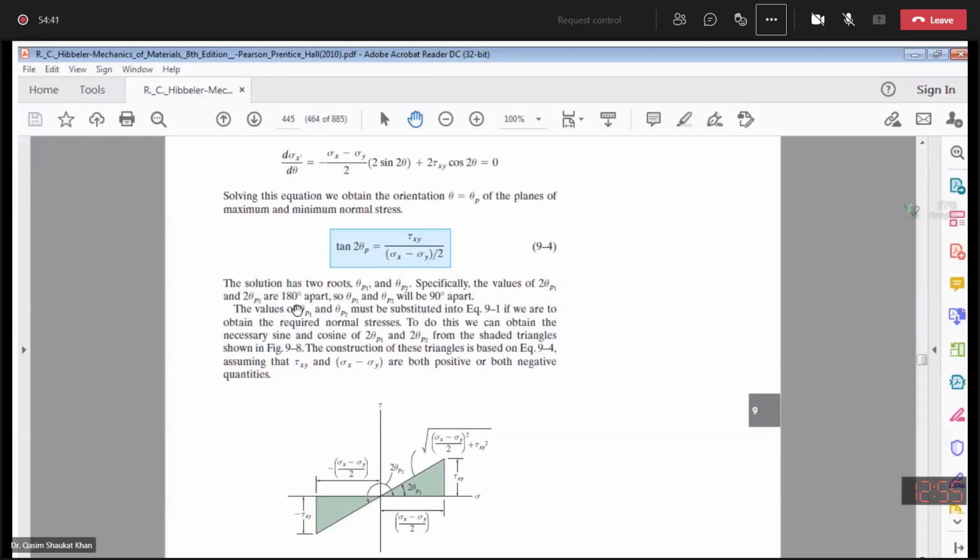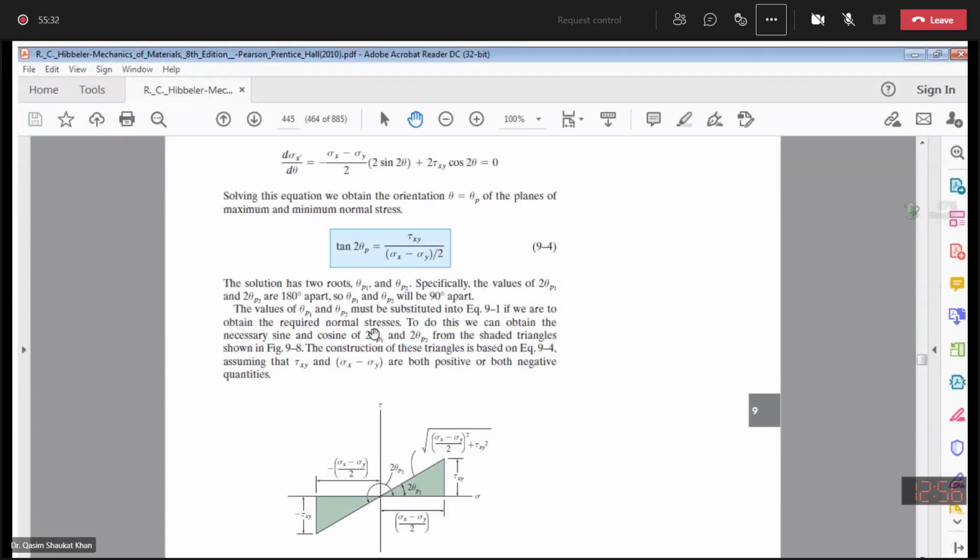If the values of theta p1 and theta p2 are substituted into equation 9.1, for the calculation of the transformed normal stress sigma x dash, you will get the values of the principal stresses: the maximum normal stress, which is your major principal stress, and the minimum normal stress, which is your minor principal stress.